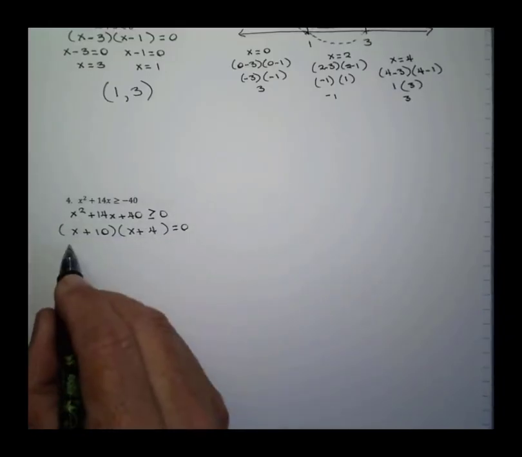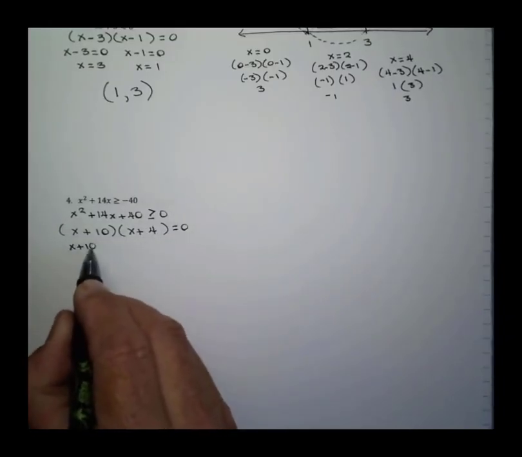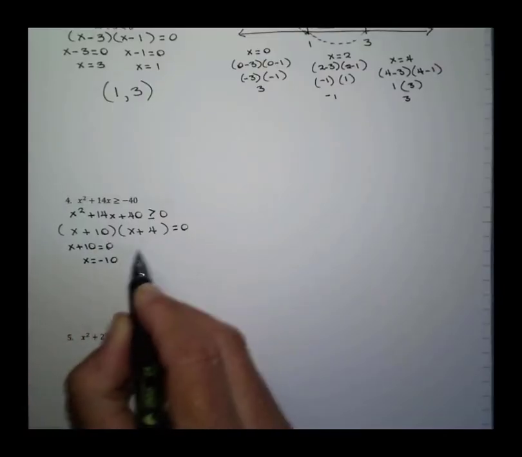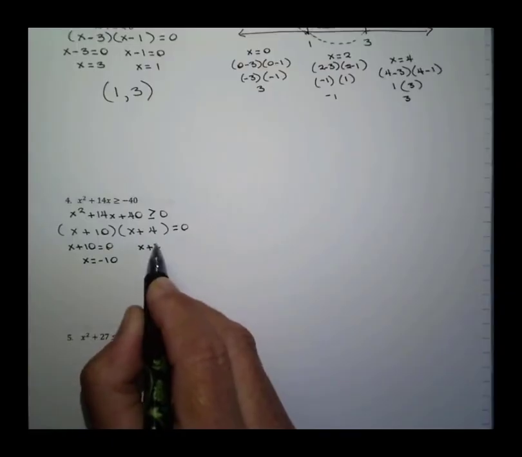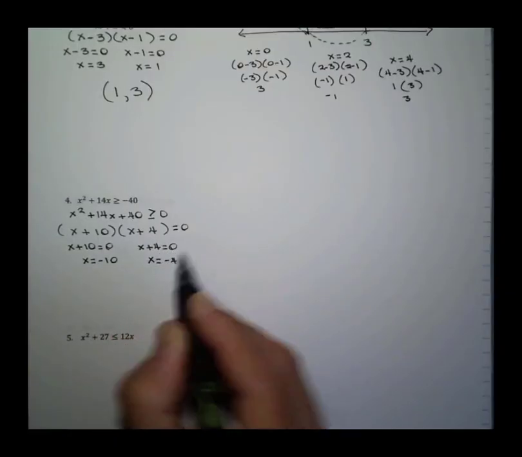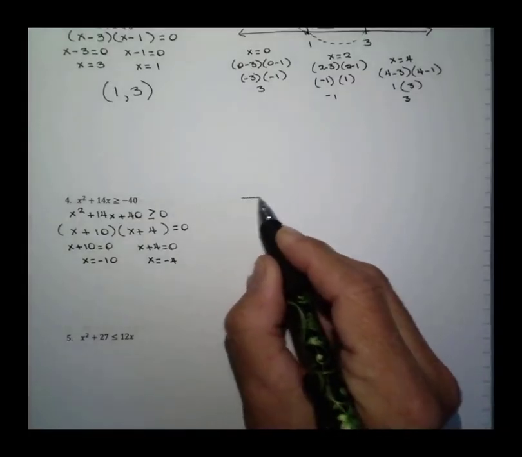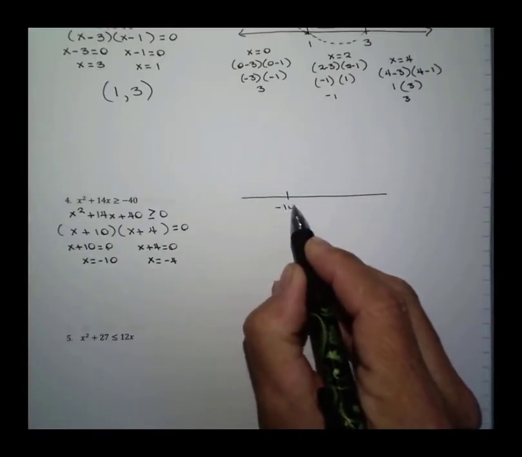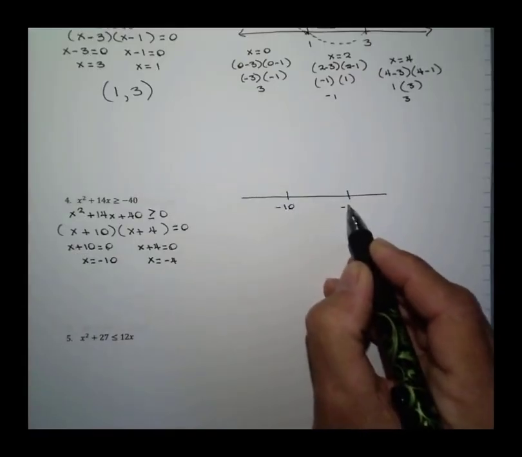So as boundaries I have x plus 10 equals 0, which means x would equal negative 10, and x plus 4 equals 0, which means x would be negative 4. I can set my number line right here and put those 2 points in. Negative 10 is smaller than negative 4.